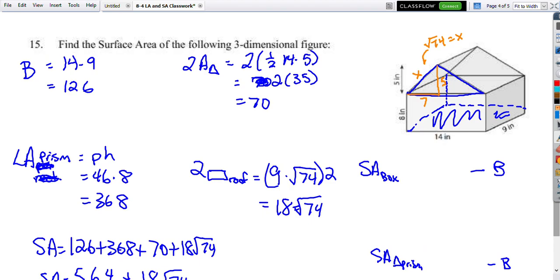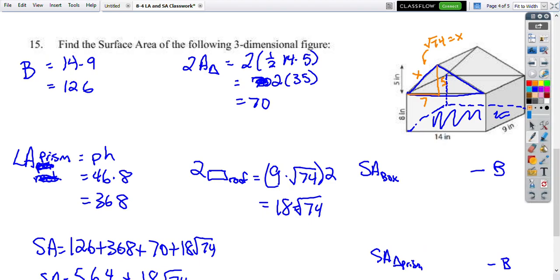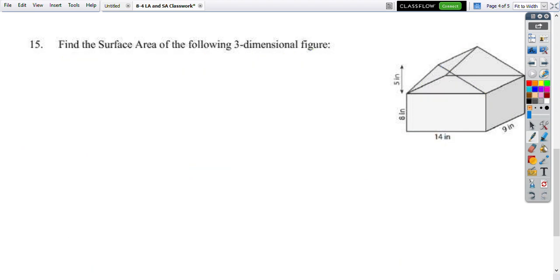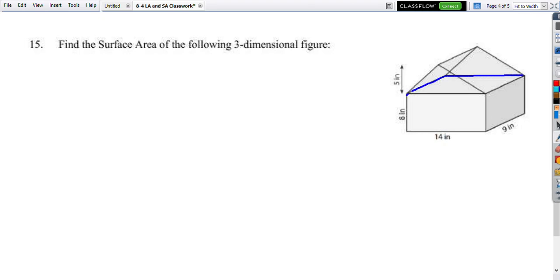And then the surface area of this guy, I'm going to let you guys handle this on your own. What I will remind you is that this square piece right there, you cannot see. This is on the inside of the figure, okay? So what we're looking at here is this triangular roof.